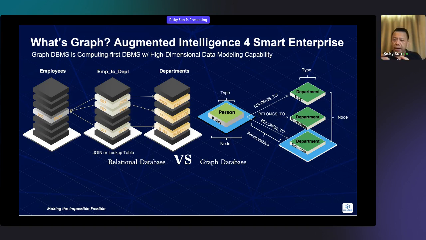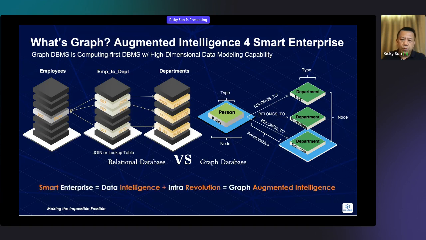In a truly native graph setup, it's really just a very simple one hop traversal. Starting from that person, assume that person is called Ricky, and Ricky belongs to multiple departments. It's just one hop, or multiple triplets. Person belongs to department. That's it. Super intuitive, super straightforward.